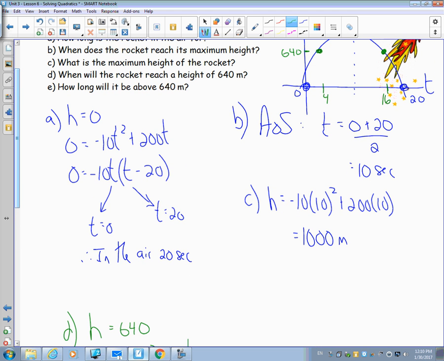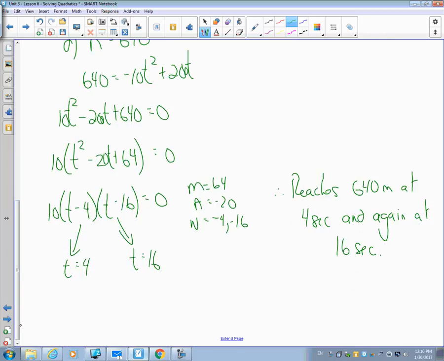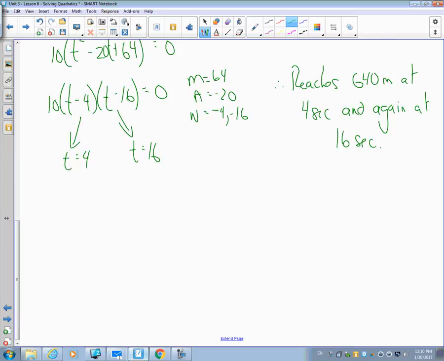Well, it's above from 4 to 16. So how long is that? So for part E, from 4 to 16, or in other words, 16 minus 4, or 12 seconds. That's how long we're above 640.